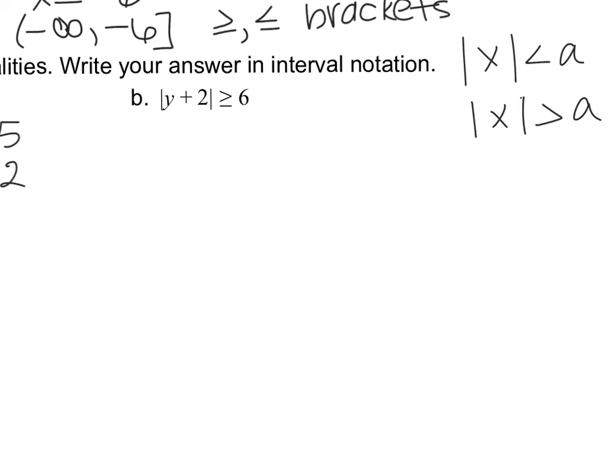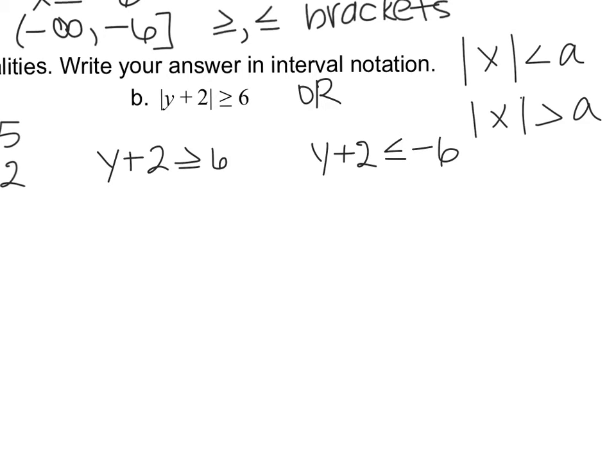Our next example is the absolute value of y plus 2 is greater than or equal to 6. Because the original inequality is greater than or equal to, we know the solution is going to be or. My first inequality that I'm going to solve is y plus 2 is greater than or equal to 6. Similar to the last example, I'm going to keep the y plus 2 the same, but now I'm going to flip the inequality and change the sign of my number.